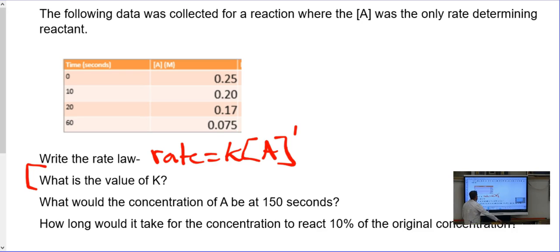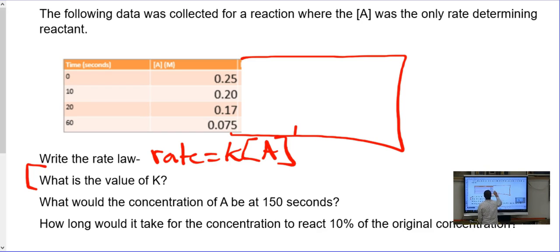So to find the values of K in your calculator, you would have added a third row, which was the ln of A, right? You okay with that? All right, when we put those in, we get some numbers. I'm not going to worry about them.